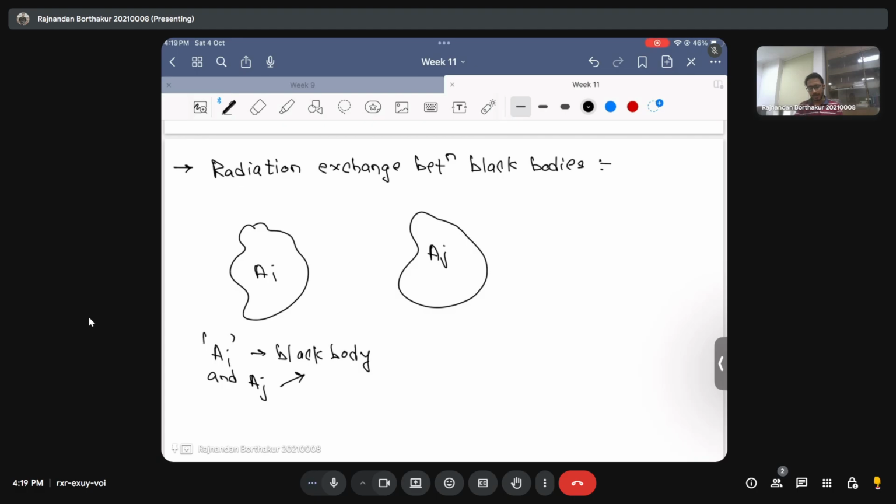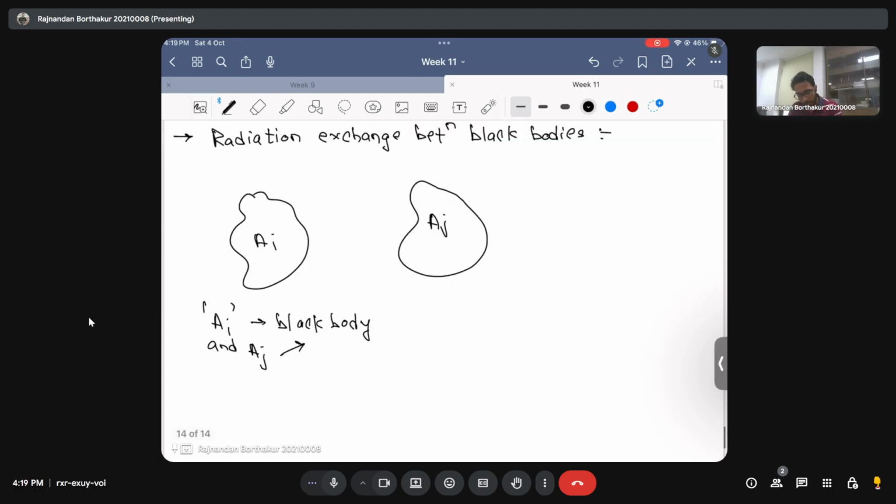Then I can now define a quantity Q going from i to j. Q from i to j is the radiation that leaves surface i, which is a black body, and is intercepted by surface j, as the area of surface i times the radiosity of surface i times Fij, which is the view factor Fij.